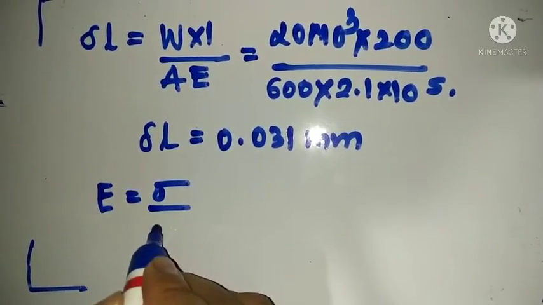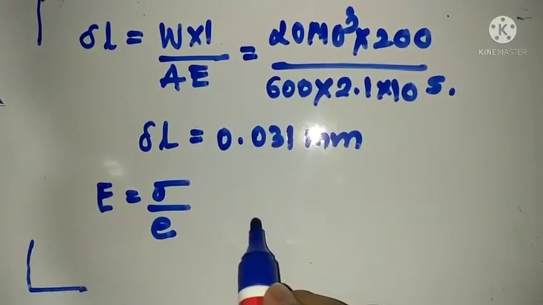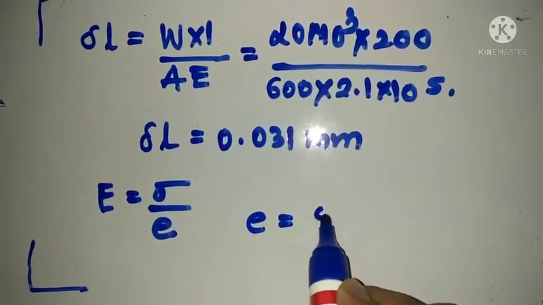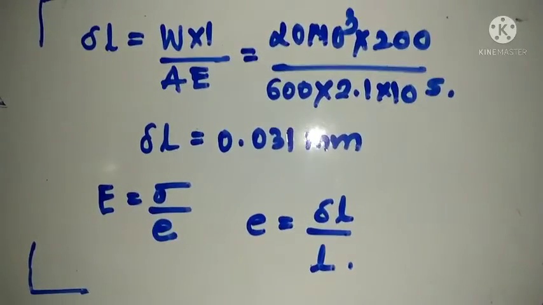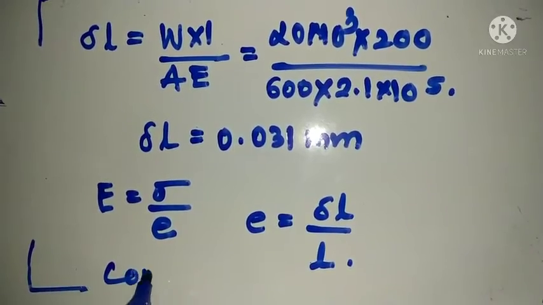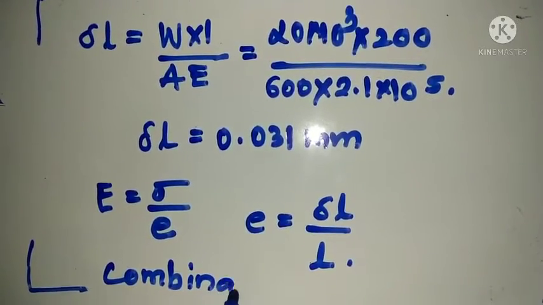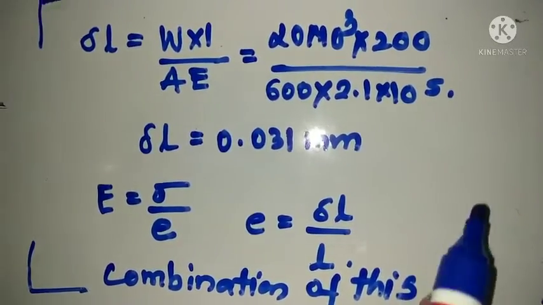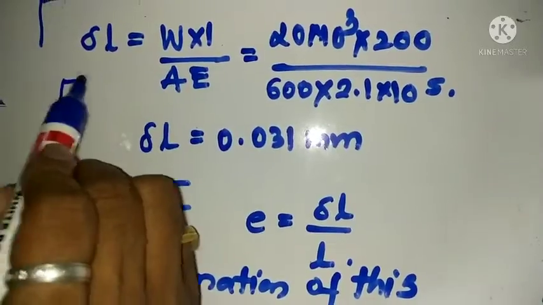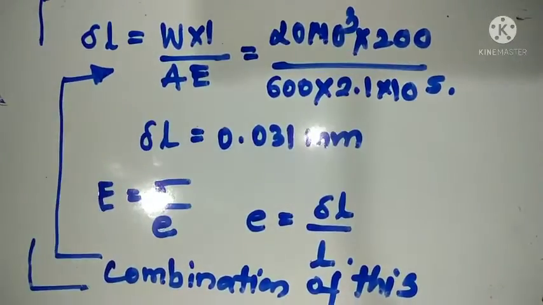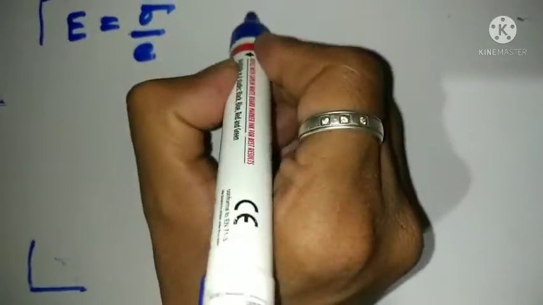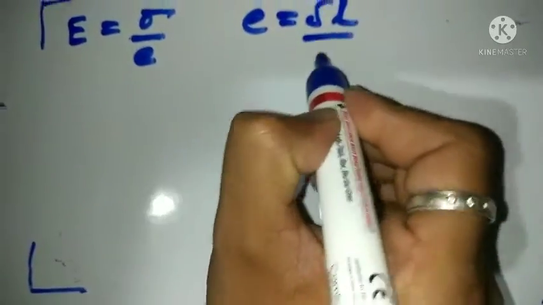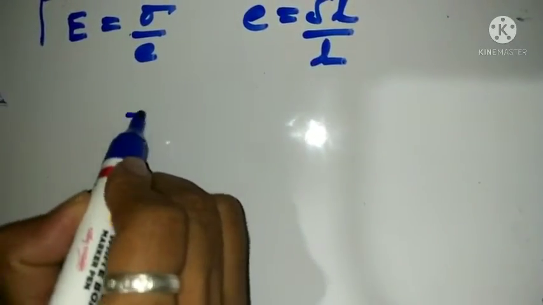E is stress upon strain, and strain is change in length, that is delta L divided by original length. By combining these two formulas, we got the above formula. Let's see the procedure. E is equal to stress upon strain, and strain is equal to change in length divided by original length.